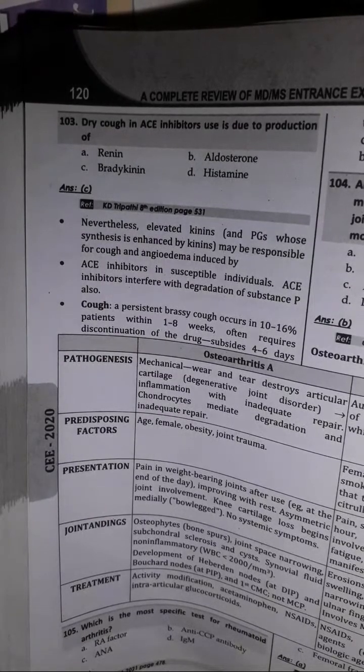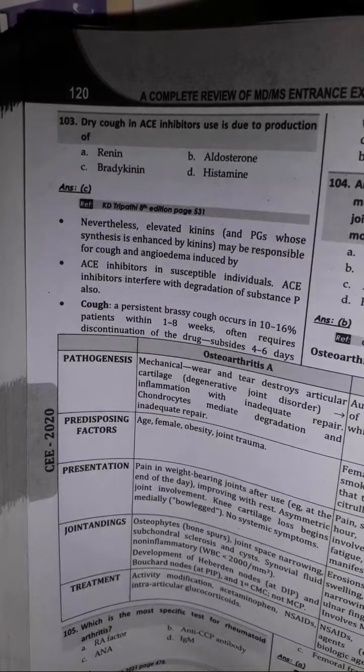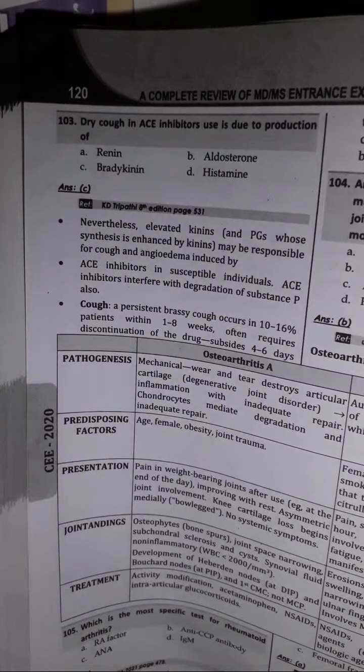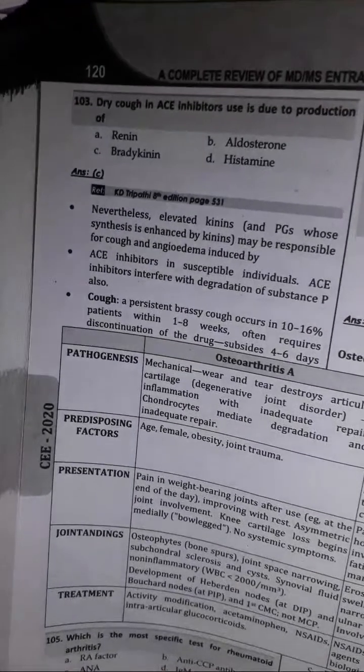ACE inhibitors interfere with degradation of substance P also. A persistent brassy cough occurs in 10 to 16% of patients within 1 to 8 weeks, requires discontinuation of the drug, and subsides in 4 to 6 days.